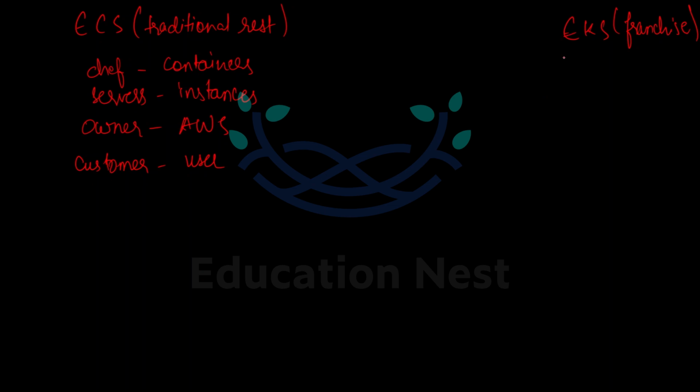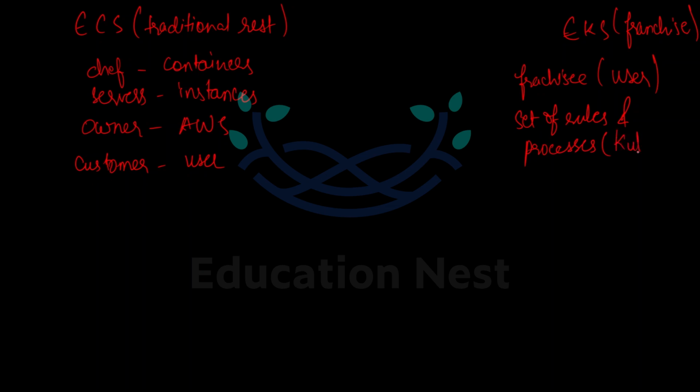If we talk about EKS, it is just like a franchisee chain where each franchisee operates a restaurant using a standard set of rules and processes. The franchisee would be the user. These standard sets of rules and processes are set by Kubernetes.